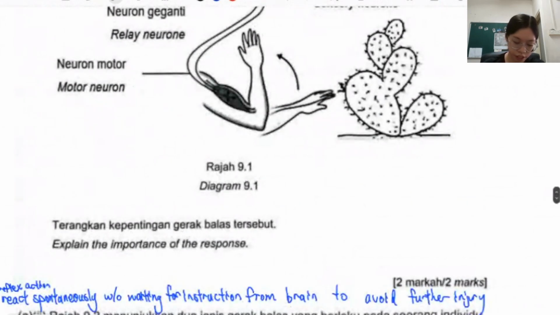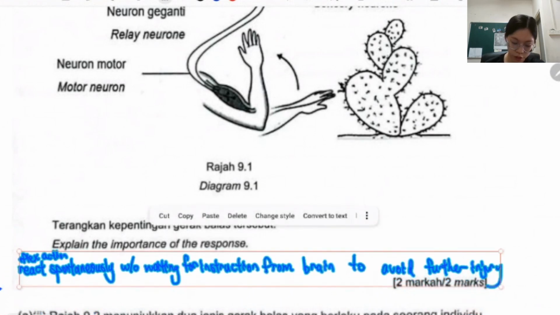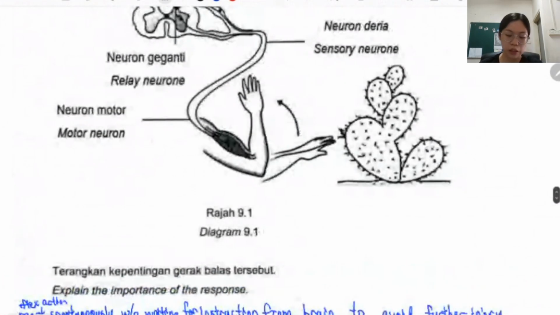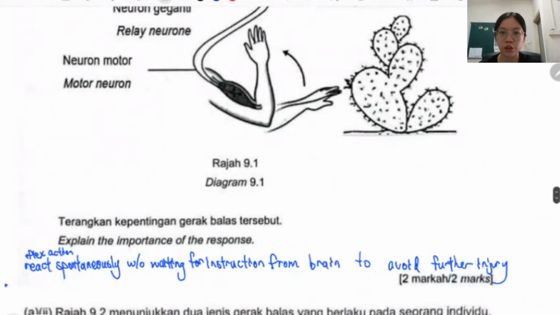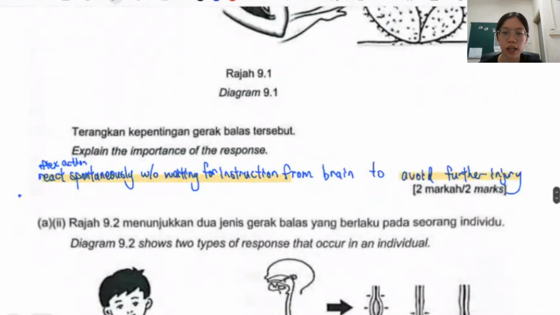It is a reflex action. Why do you have to do it so quickly? Normally it won't wait for instruction from the brain, and it is to protect yourself from further injury. So react spontaneously and avoid further injury. These are the importances of the response.